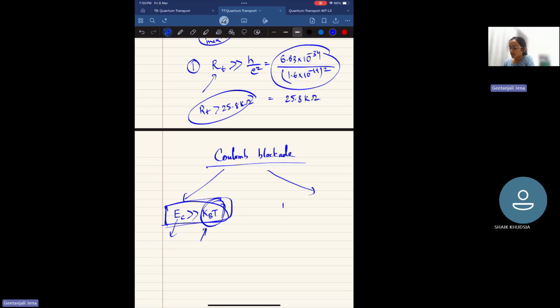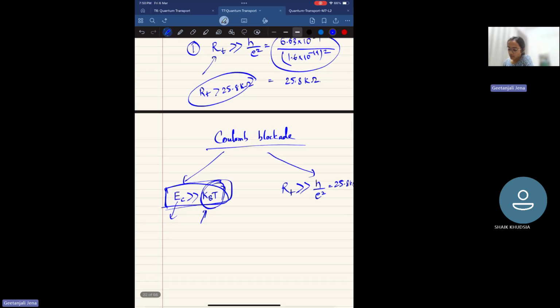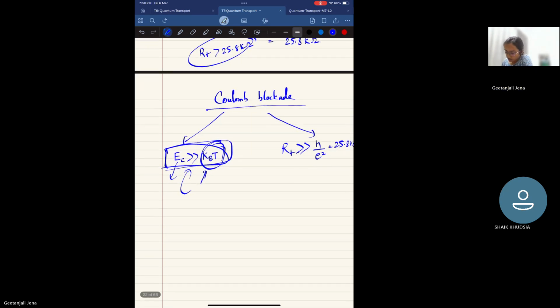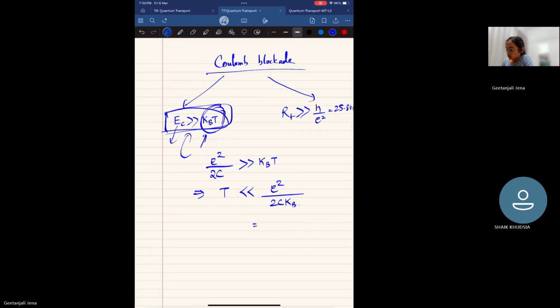Okay, so the first condition is the charging energy should be much greater than kBT. And the second condition that we have seen is the tunnel resistance RT should be greater than h by e square, which is 25.8 kilo ohm. So we need to find out the maximum temperature. We can make use of the first condition, that is EC, which is e square by 2C. It is the charging energy. It should be greater than kBT. That means temperature is less than e square by 2C kB. You can just put the values.